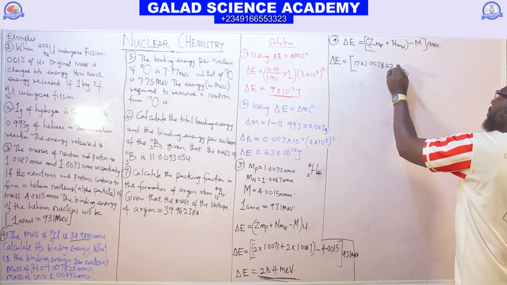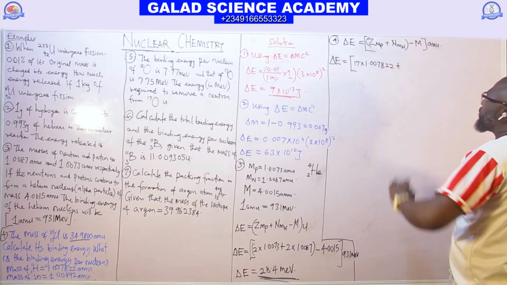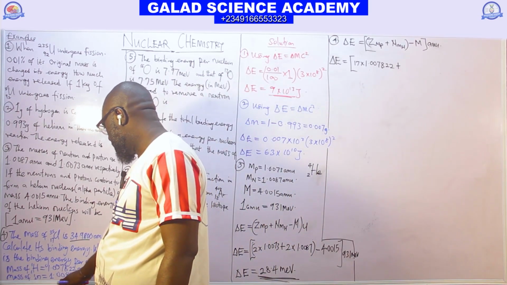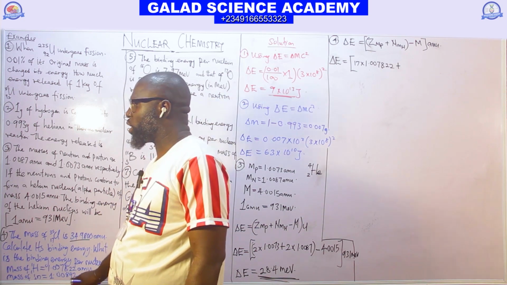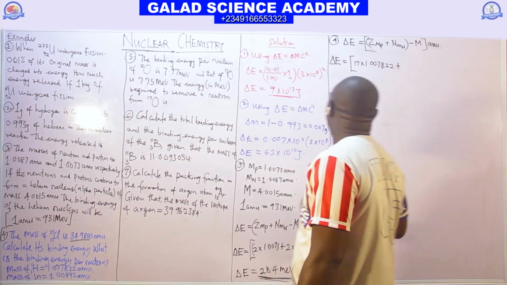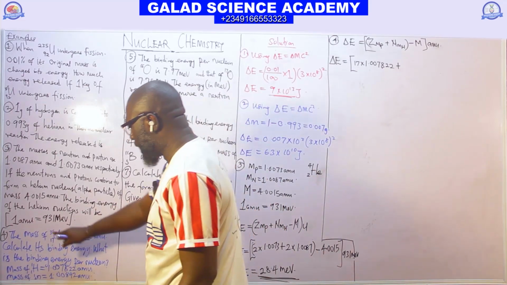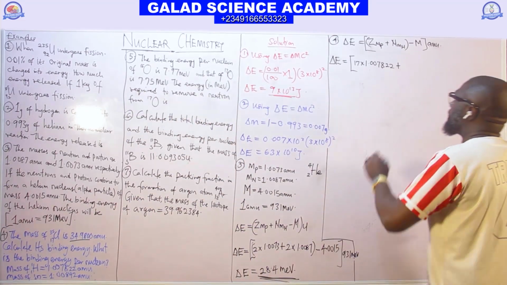This plus the number of neutrons times the mass of neutron. If you subtract 17 from 35, we are left with 18.